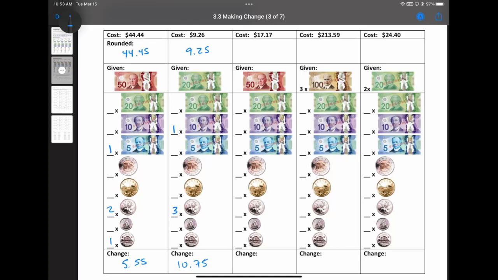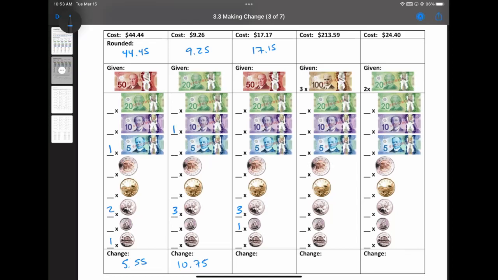If you want to pause and try these on your own, please, by all means, feel free to. $17.17 will round off to $17.15. I think with 15 cents, I can fit 3 quarters in there. 15 plus 75 is 90. Another dime takes us up to an even dollar. We're now at $18.